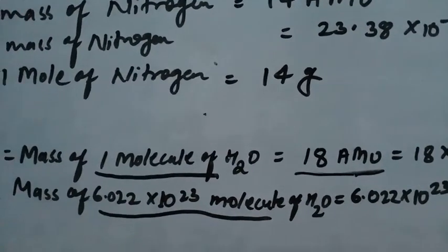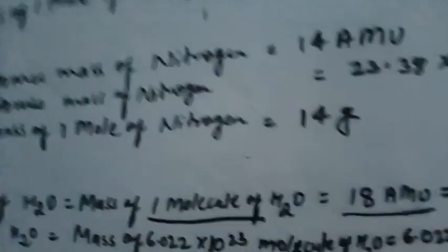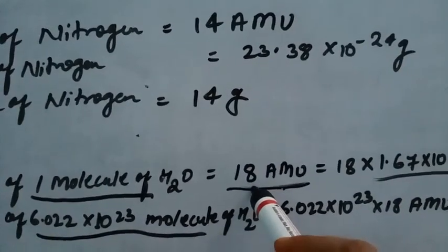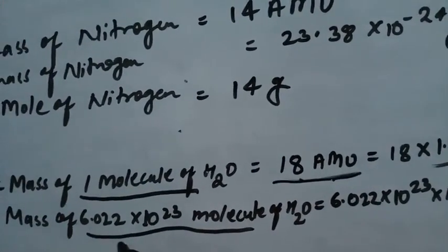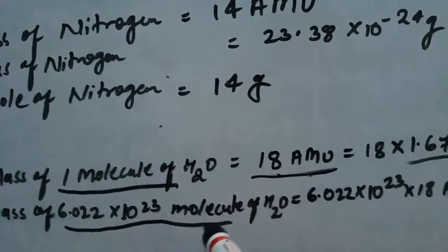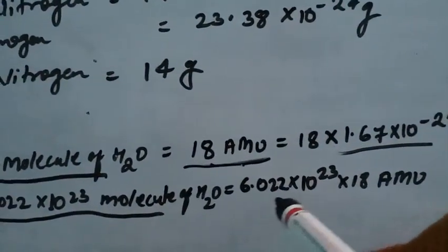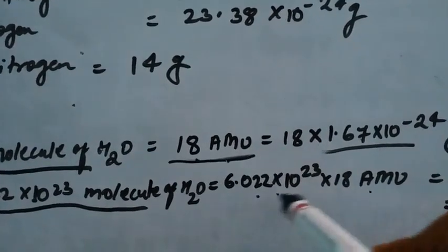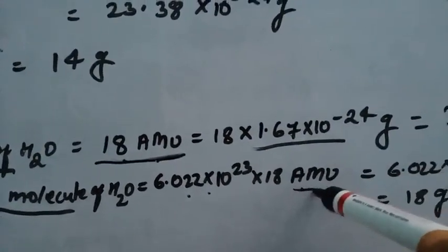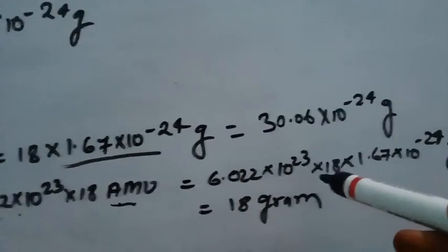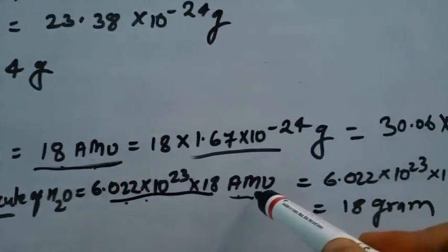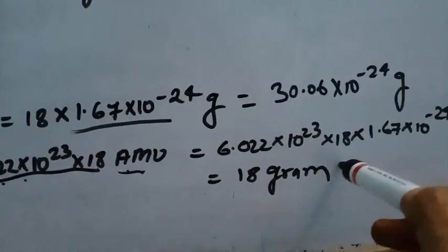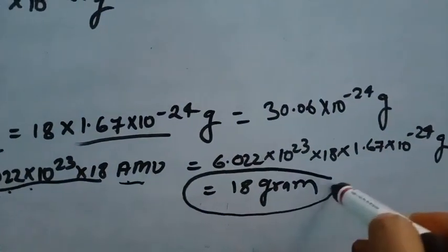So the molecular mass, the mass of 1 molecule of water, we got as 18 AMU. But if you calculate the mass of 6.022 into 10 to the power 23 molecules of water, you have to multiply 18 AMU with 6.022 into 10 to the power 23, and convert AMU into gram by multiplying with 1.67 into 10 to the power minus 24 gram, and finally you will get 18 grams.